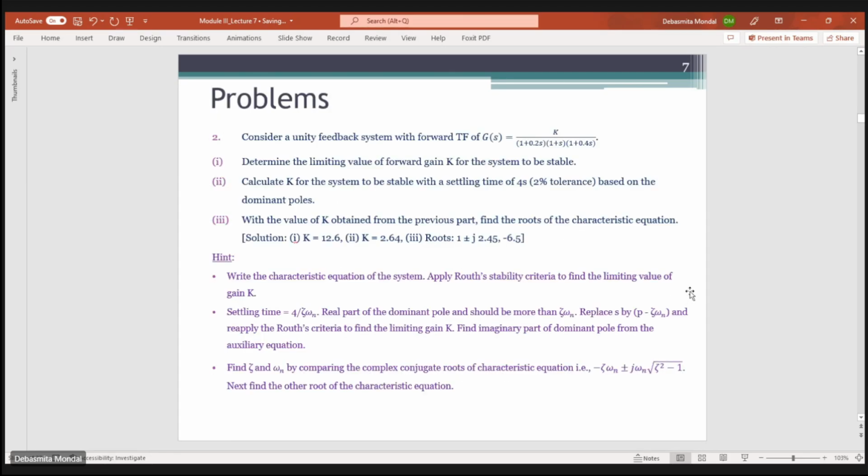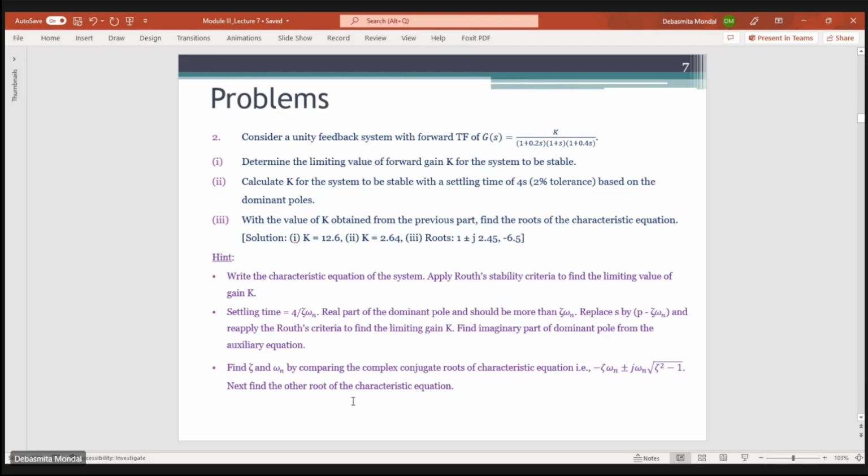In a similar way, there are some problems for you to practice at home. Here you have been given a transfer function. I have given some hints also to make it a little easier to solve the problems. First, I would suggest that you don't look at the hints and try to solve the problem on your own. If you're having any difficulty, then you can look at the hints.